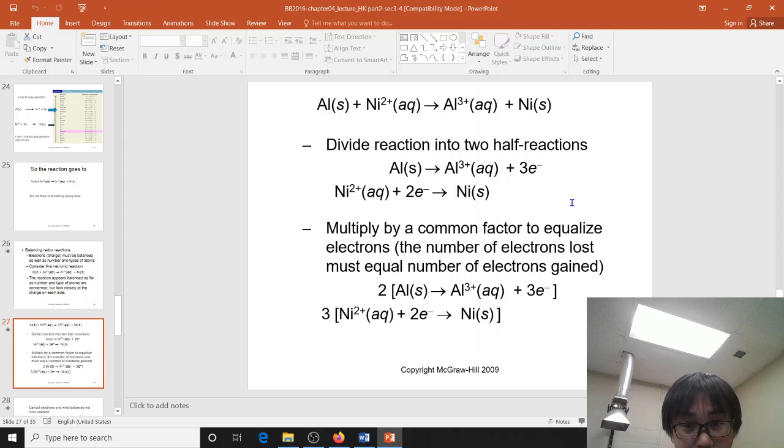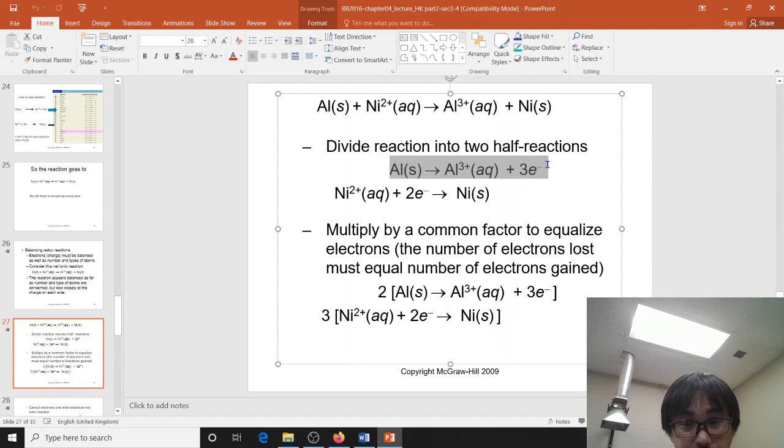So what I have to do is to multiply the entire equation of this aluminum half reaction by a factor of 2, and then multiply the half reaction of nickel by 3.